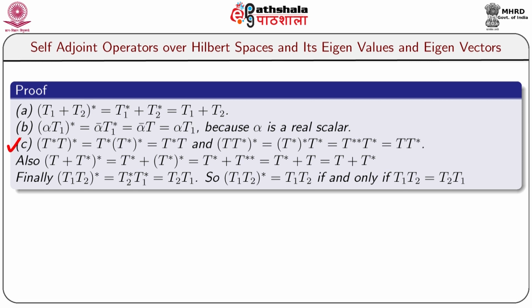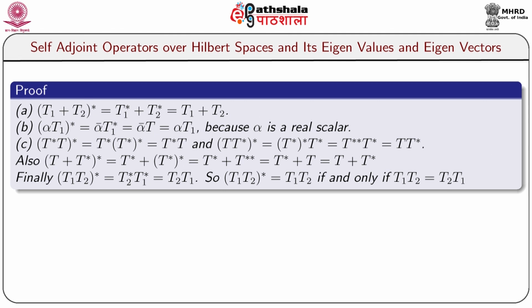For the third part, (T star T) star equals T star into (T star) star, which is equal to T star T, and (T star) star equals (T star) star, which is equal to T double star, which is equal to T star.